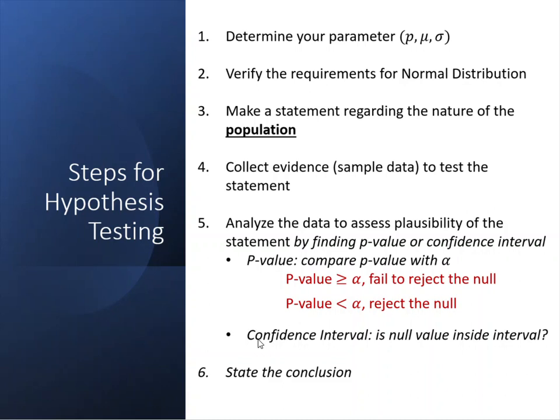And then once we have analyzed the plausibility of our sample, that's when you're able to finally make a conclusion. So although you've seen 1 through 5 previously, I want you to add the remaining information here to what you were already making a list of as far as those steps for hypothesis testing.